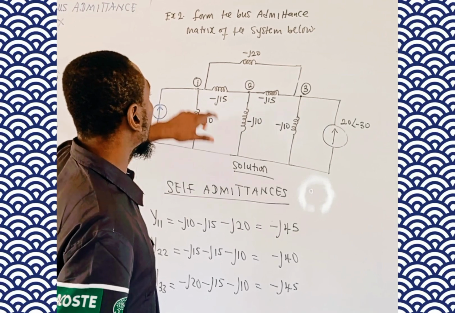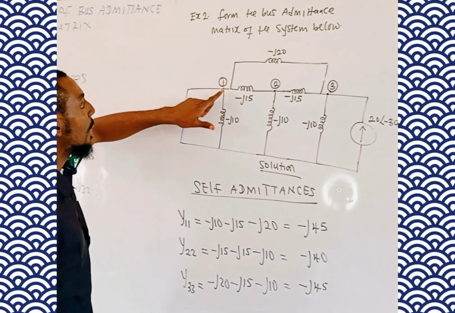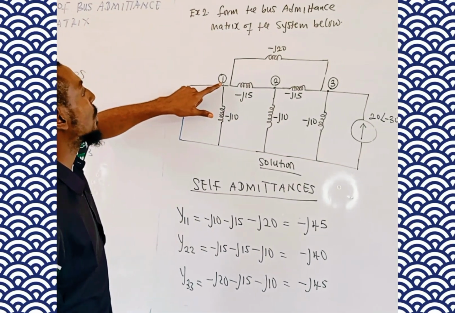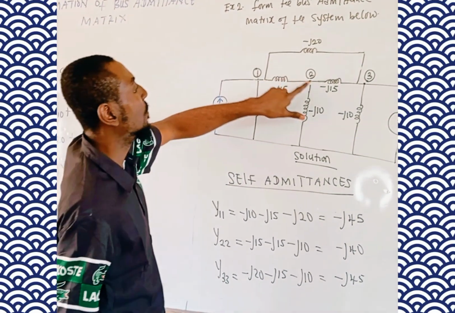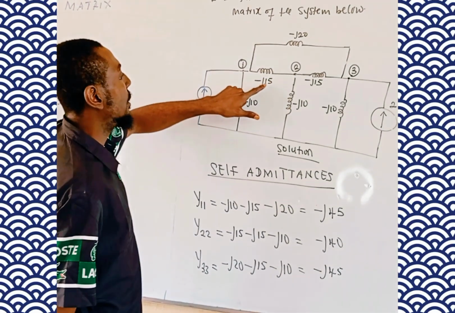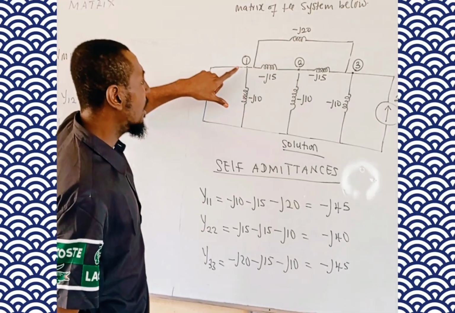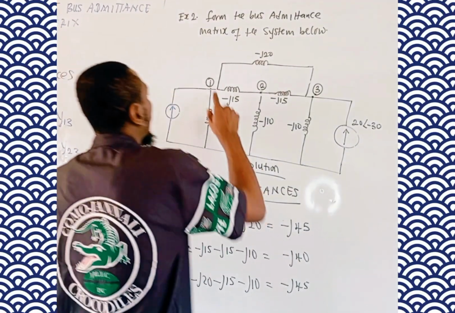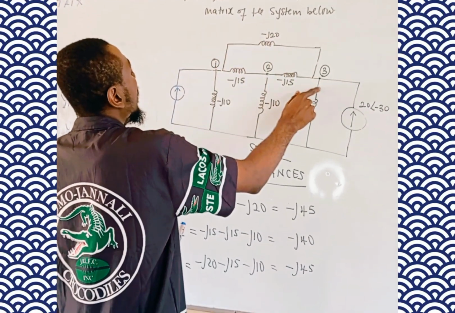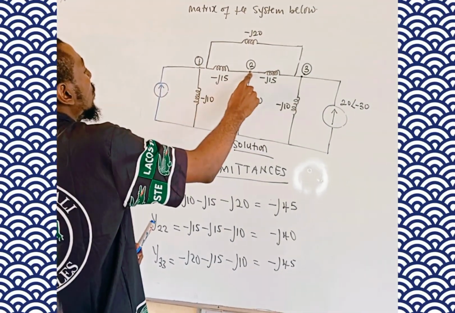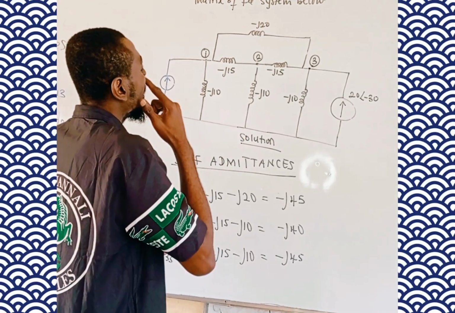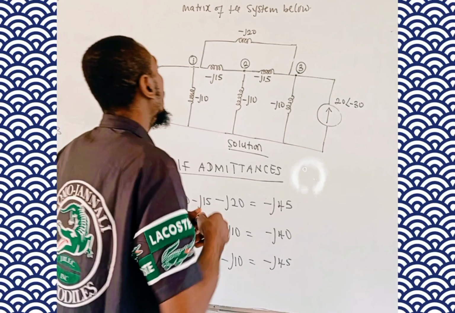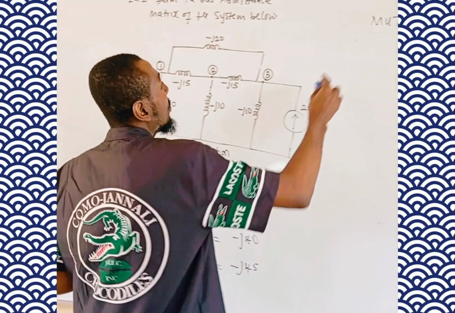As you can see, between bus 1 and 2 is an admittance, so we have Y12. Bus 1 is connected to 3 and bus 1 is connected to 2.